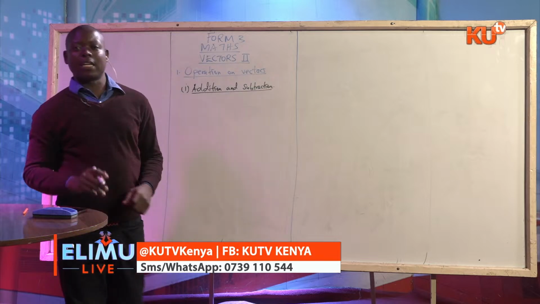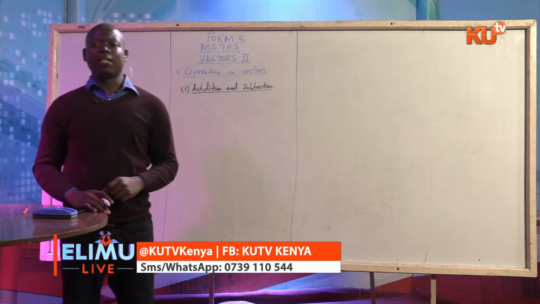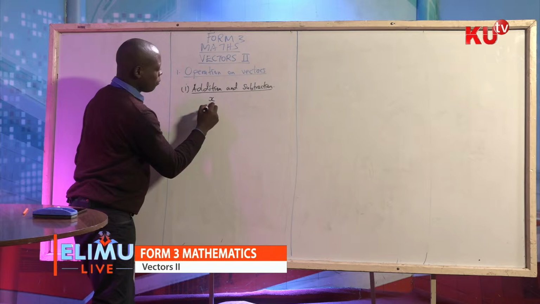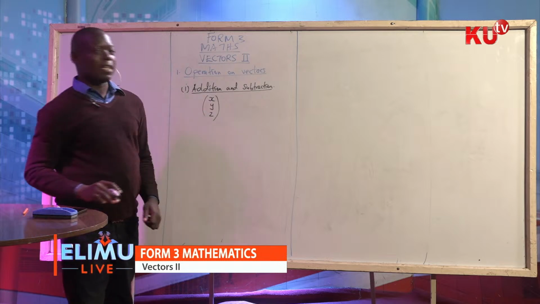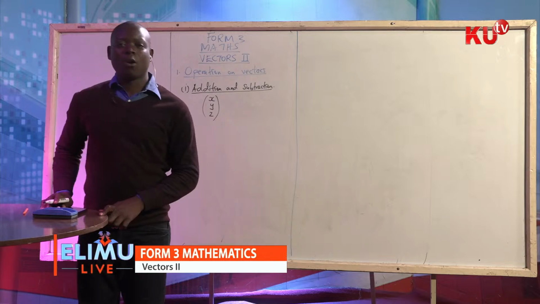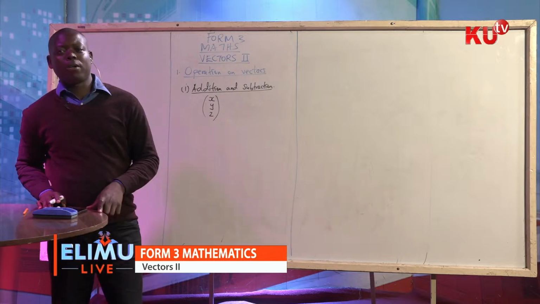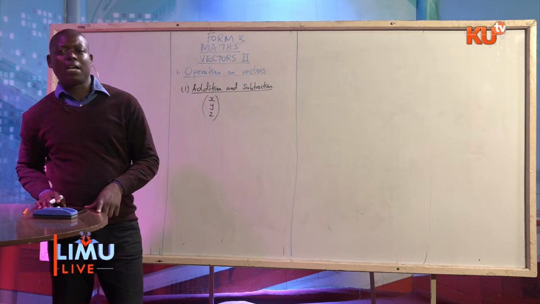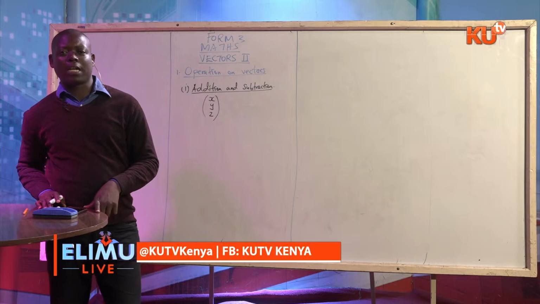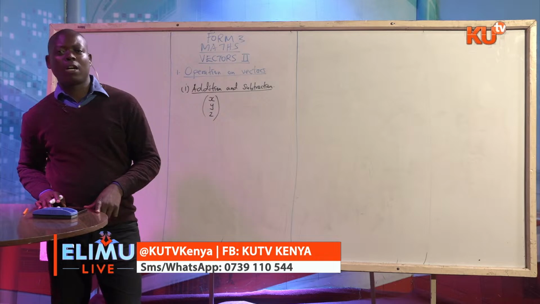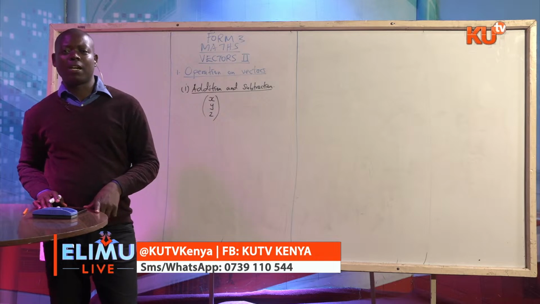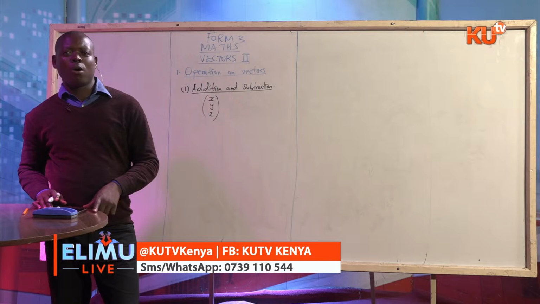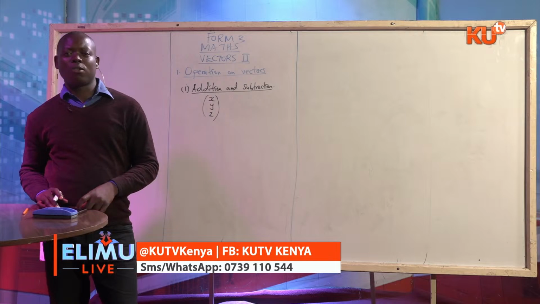Remember that in three-dimensional geometry, vectors are represented in terms of x, y, and z, where each component is what the vector represents on the x-axis, y-axis and z-axis. But in vectors 1 in Form 2, we looked at two-dimensional geometry, where we focus on the x and y axes.